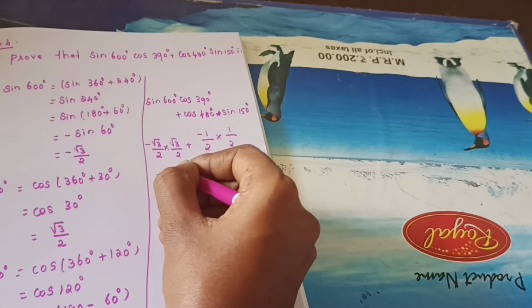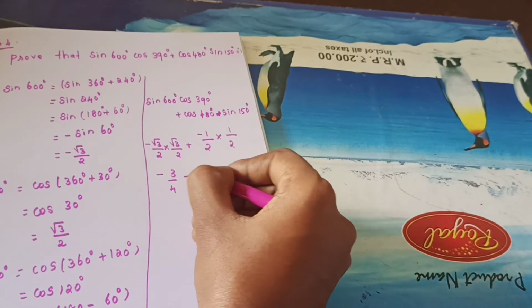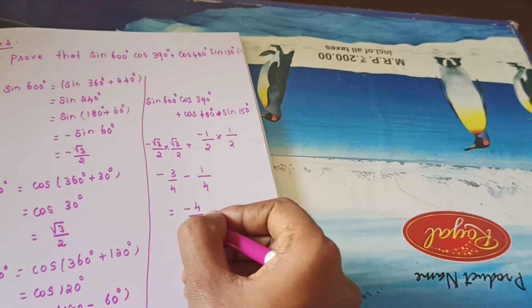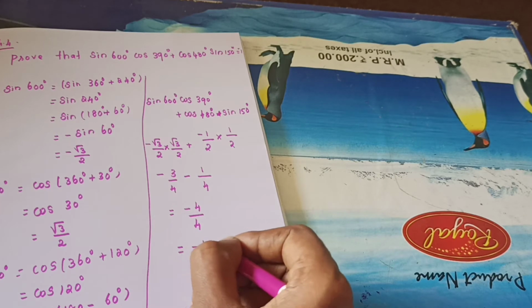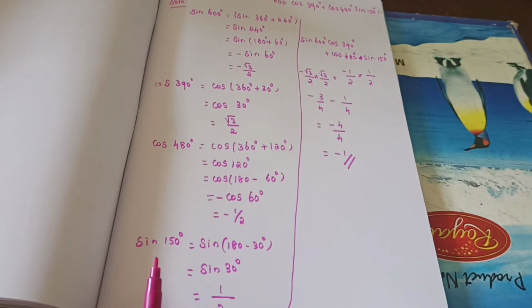So this means minus 3 by 4 minus 1 by 4. That's equal to minus 4 by 4, equal to minus 1. Hence proved. Understand students? Understand all of you?